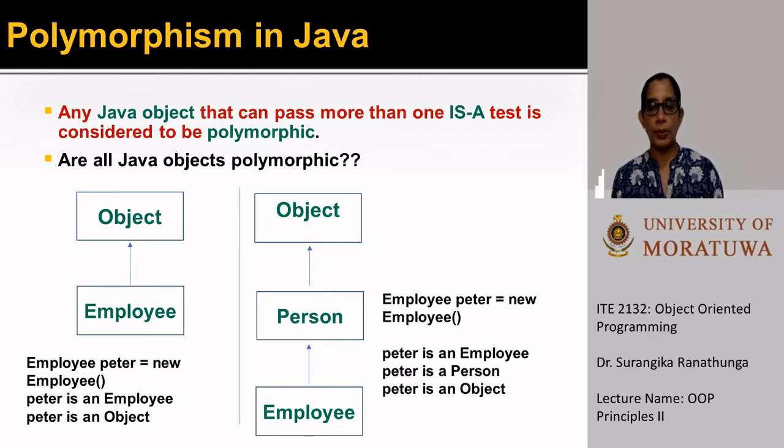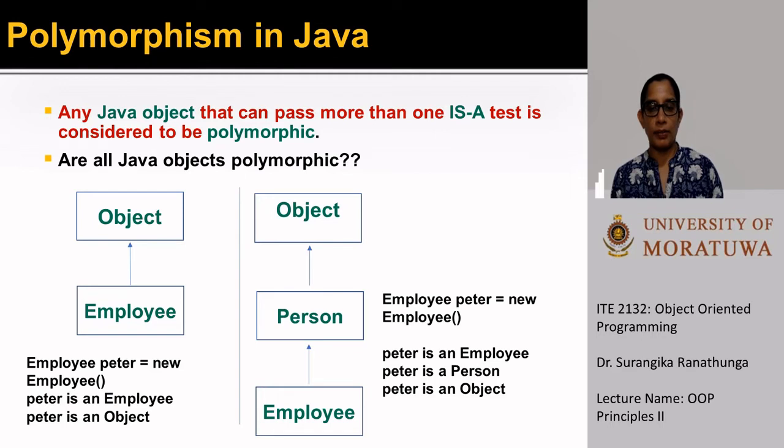So this Peter object passes more than one IS-A test: Peter is an employee, Peter is an object. It has two IS-A relationships, so we say this Peter object is polymorphic. It can behave as different objects. In one case, it can behave as an employee. In the other case, it can behave as an object, meaning an object we create from the Object class.